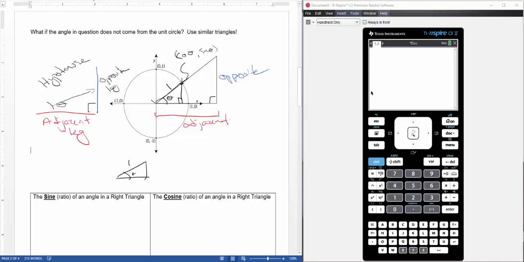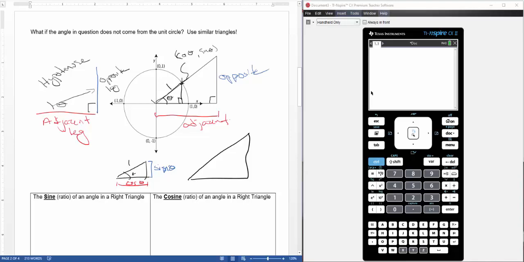As we said, the height, or this leg here, is sine. This other leg that goes along with the x-coordinate is cosine. And the radius is 1.